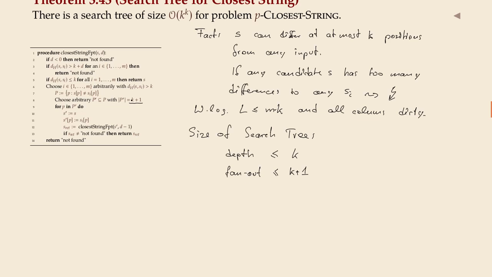But in the worst case, you have to check all of the k plus 1 different positions in this P prime set where you potentially can modify the consensus candidate. So this together means that the search space is at most (k plus 1) to the k. And this is O of k to the k.